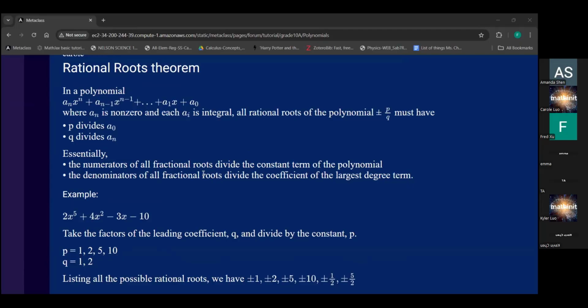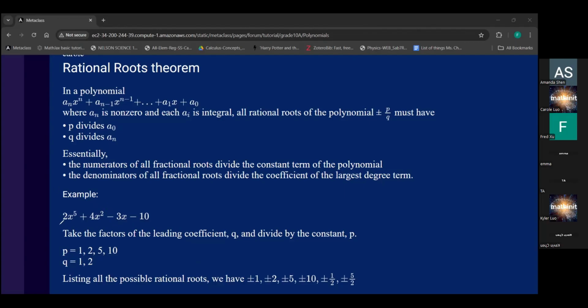All rational roots of the polynomial must be of the form plus or minus p over q, where p divides a of 0. So this top part must divide into a of 0, and the q, which is the denominator, must divide into the leading coefficient.